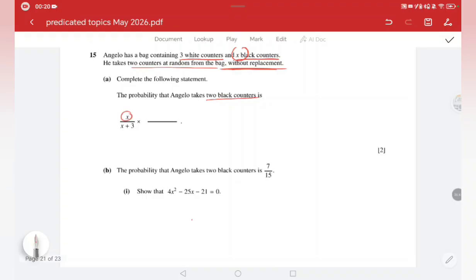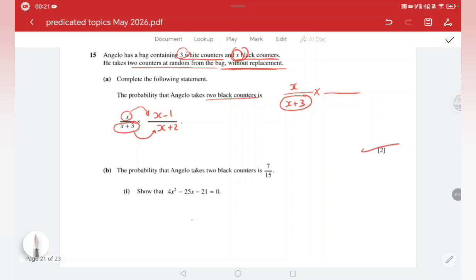So at the beginning we have X. If you remember, I said before, if you pick 2, you have 2 fractions. You divide by the total, right? The total is 3 plus X. So the part, which is X, over the total X plus 3. And then you decrease the denominator by 1, so it will be X plus 2. And since you are taking from the same category, the same black counters, this X will also be decreased by 1, so it will be X minus 1.